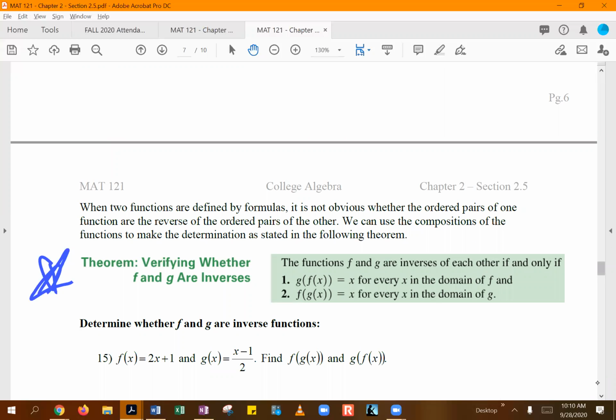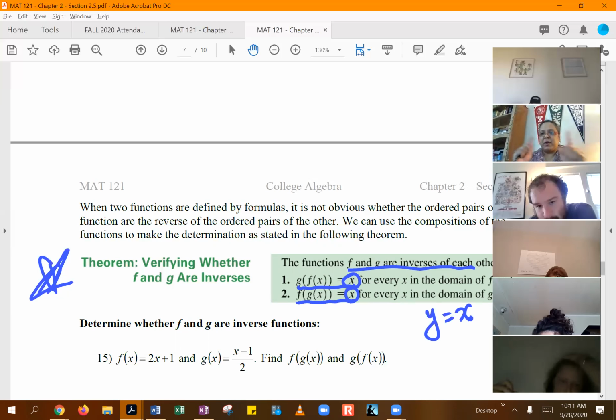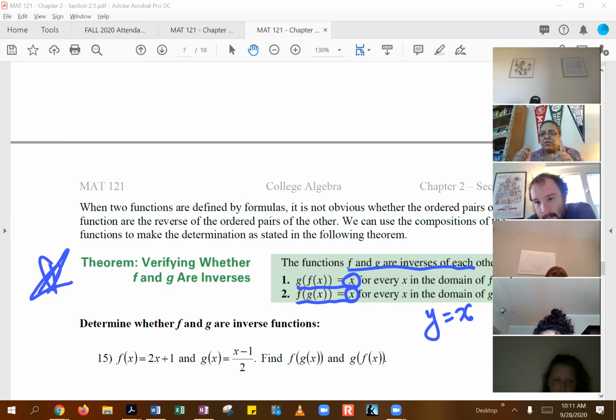So anytime you take a composition, and it really doesn't matter what the order of your composition is, if these two functions are inverses of each other, you are actually always going to get the identity function as the result of taking this composition. And remember, the identity function is where both your x and y values are always going to be the same.